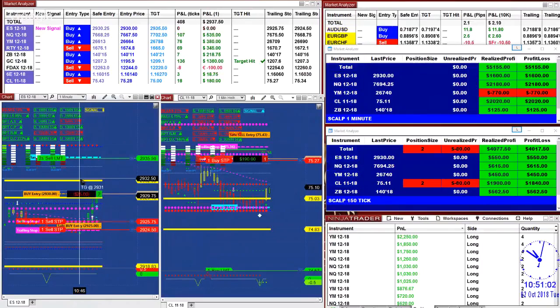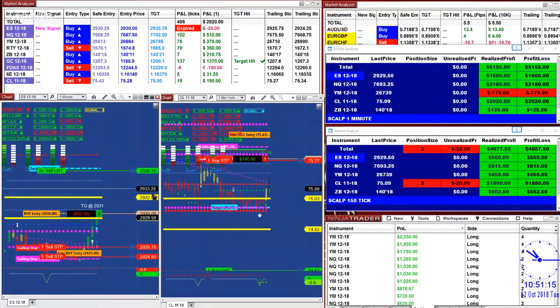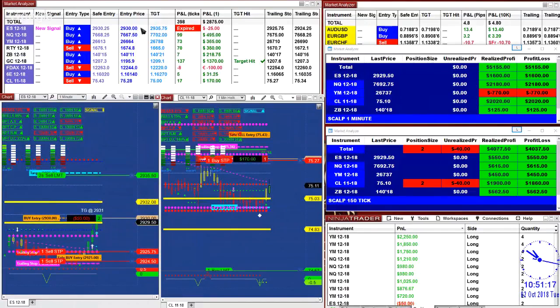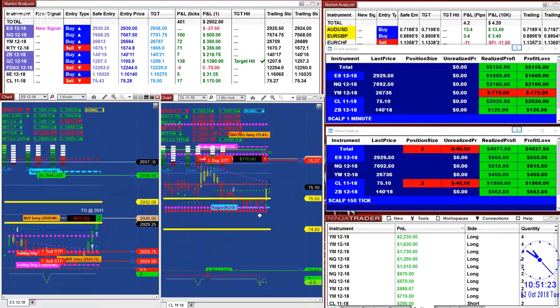Okay, we have a new entry signal at 2930, target 2935.75.